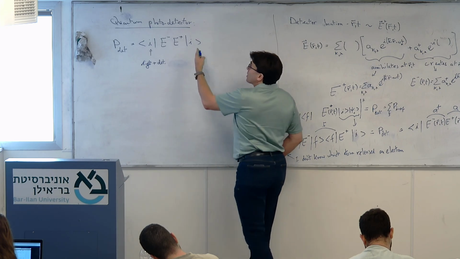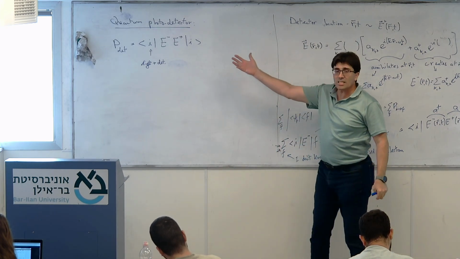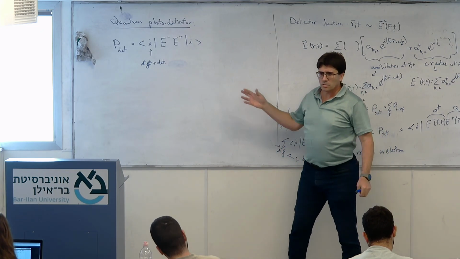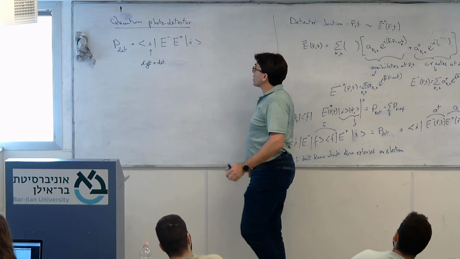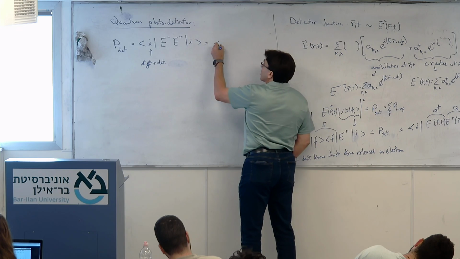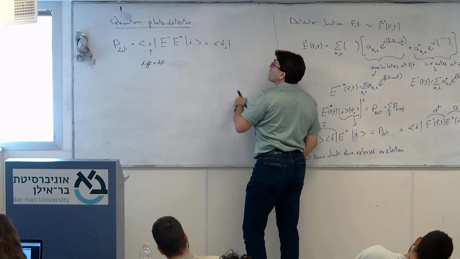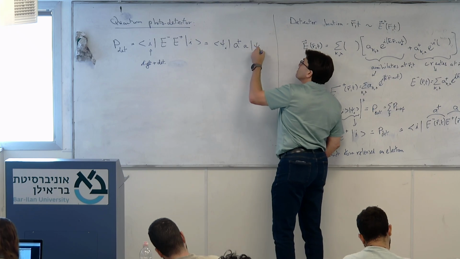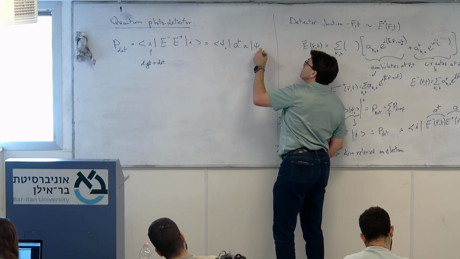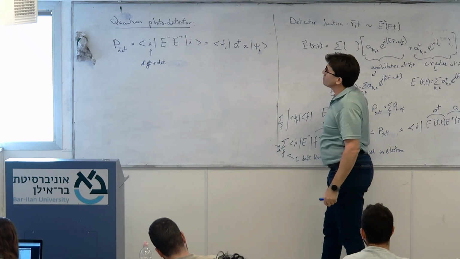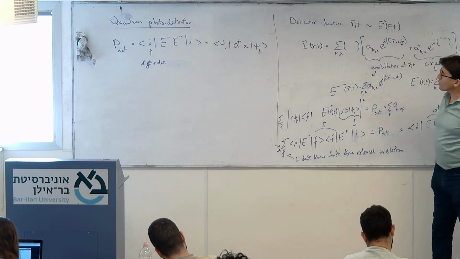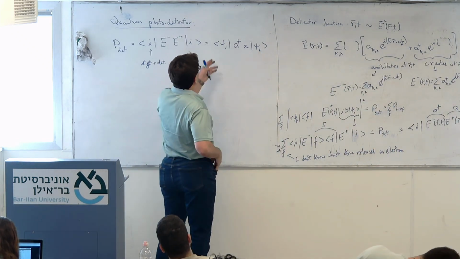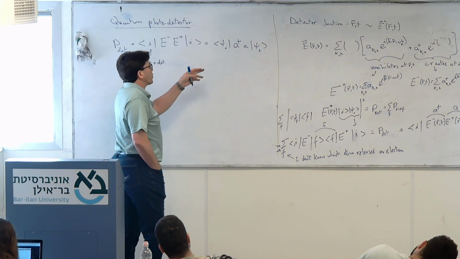All right, but E is an operator that operates on the field. So in that situation, all I care about is basically what is the initial state of the light times A dagger A. So the probability to detect in a mode, of course, not everything is proportional here.